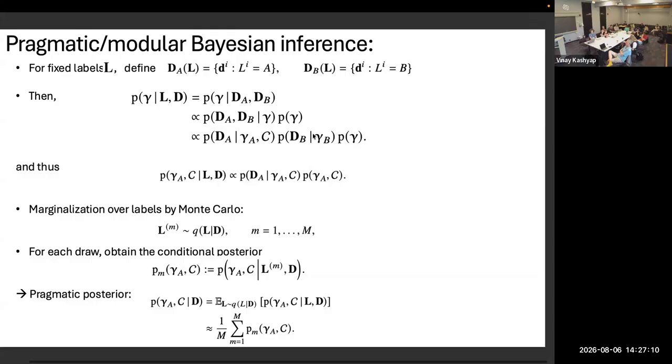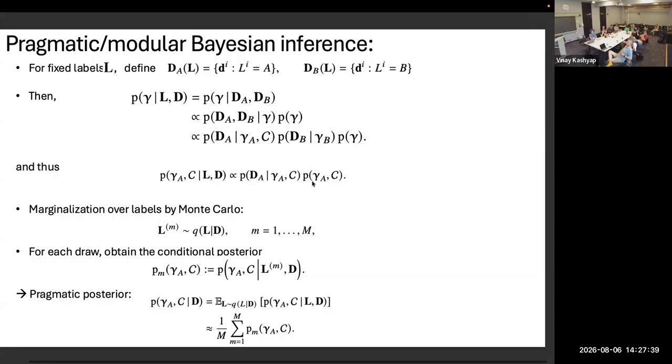So we have this as a constant function of C, in which case it's just proportional, so we can drop it, which we do in the next step. So basically, if we marginalize just over gamma B, then our joint posterior of the 1A population parameters and cosmology does not depend on the contamination modeling.